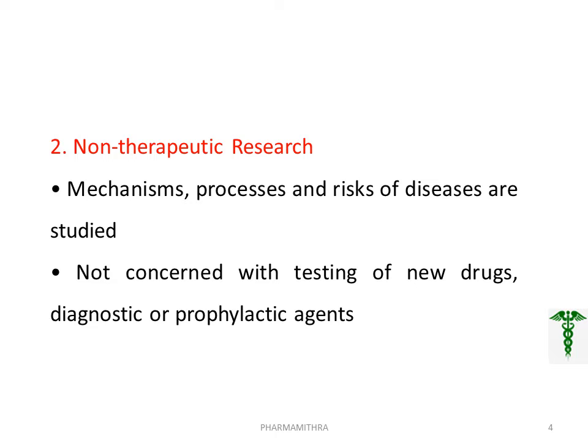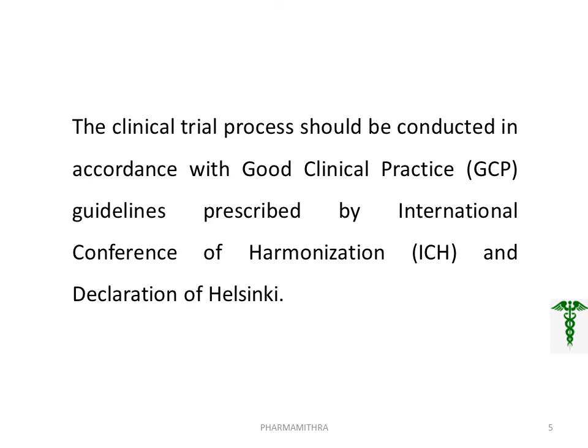Second type, non-therapeutic research. Instead of finding the therapeutic effect, we are researching the mechanisms, processes, and risks of diseases. We are not concerned with testing new drugs, diagnostic, or prophylactic agents.